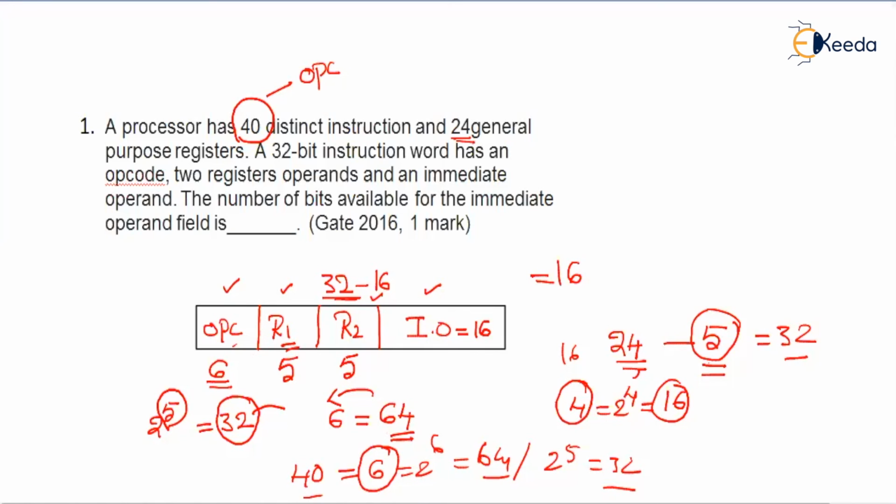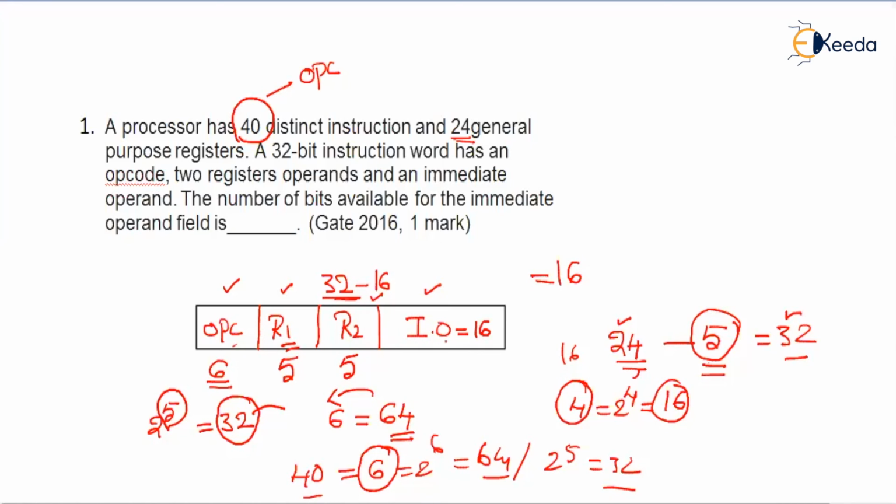Then R1 and R2: as the number of registers in the system is equal to 24, I require 5 bits. When I use 5 bits, I can represent a maximum of 32 registers, but with 4 bits I can represent only 16 registers, which is not sufficient. So register 1 is 5 bits and register 2 is also 5 bits.